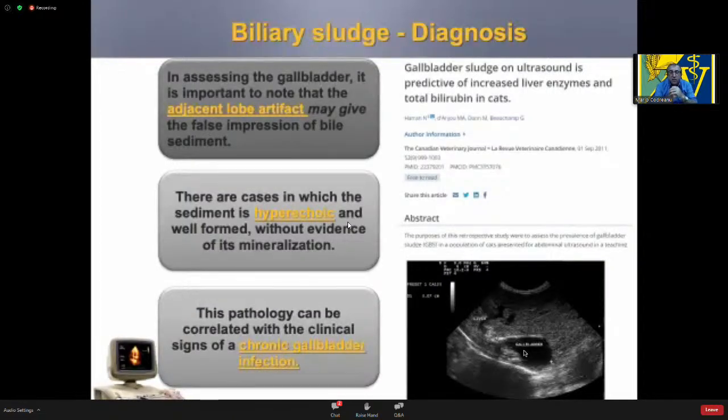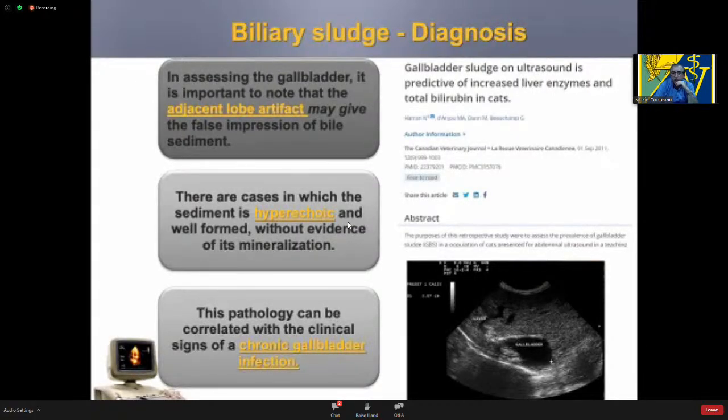In assessing the gallbladder, it's important to know that the adjacent lobe artifact may give us in our image the false impression of bile sediment. It's very important to avoid this wrong approach from the ultrasonographic point of view.